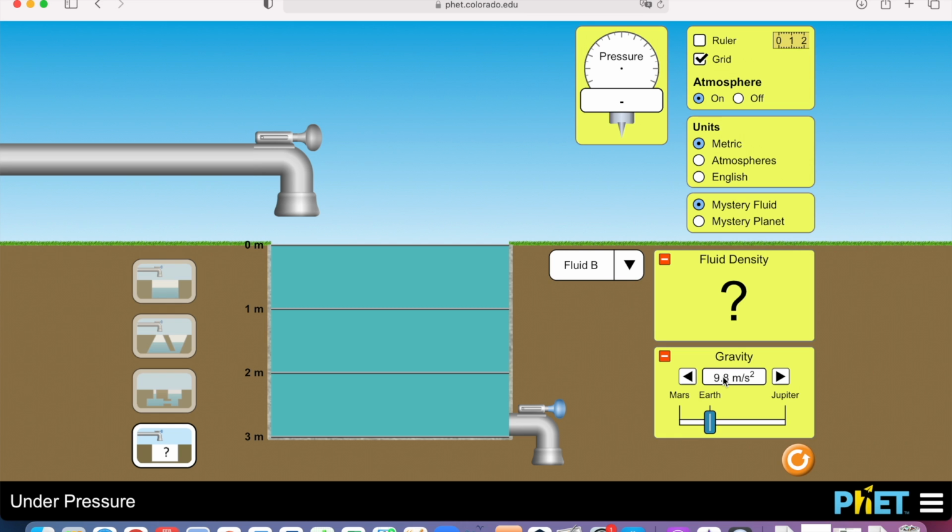Okay, and what we're going to do now is we're going to go back to our presentation, and we're going to look at what we need to get to solve this problem, to find out the density of fluid B. Now we're going to use our equation from Pascal's principle, which says that the total pressure is equal to the atmospheric pressure plus the pressure from the fluid, which is density times G times H. Okay, we want to find the density, so we're going to solve this equation.